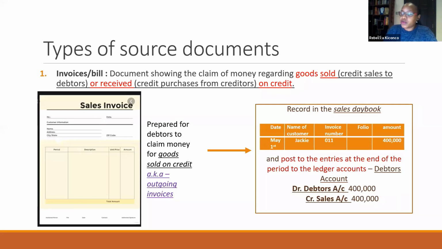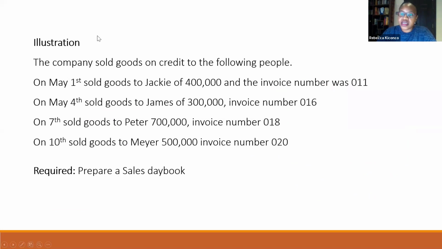Now, there is an example there that I am going to leave to you to do, okay? The next page is an illustration or an exercise for you to do to draw up a sales day book or a sales journal, okay?